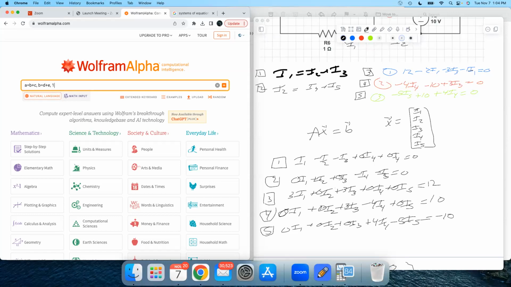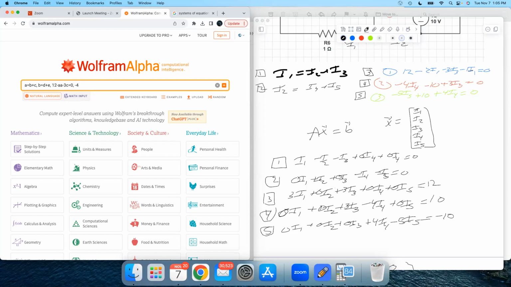All right, so then we'll have 12 minus 2A minus 3C minus another A. I might as well just call that minus 3A there, right? Equals 0. What do we got here?